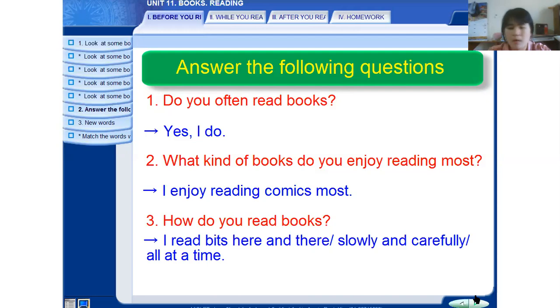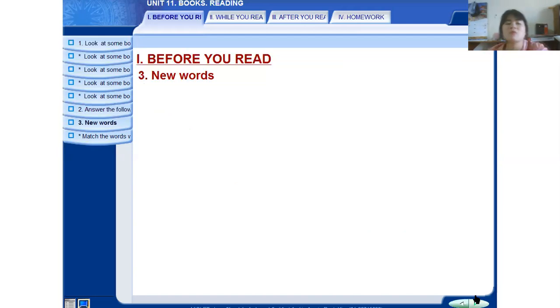To know more about the topic of the lesson, books, you need to know some new words. One of the ways to taste. To taste, the verb taste. Chew.